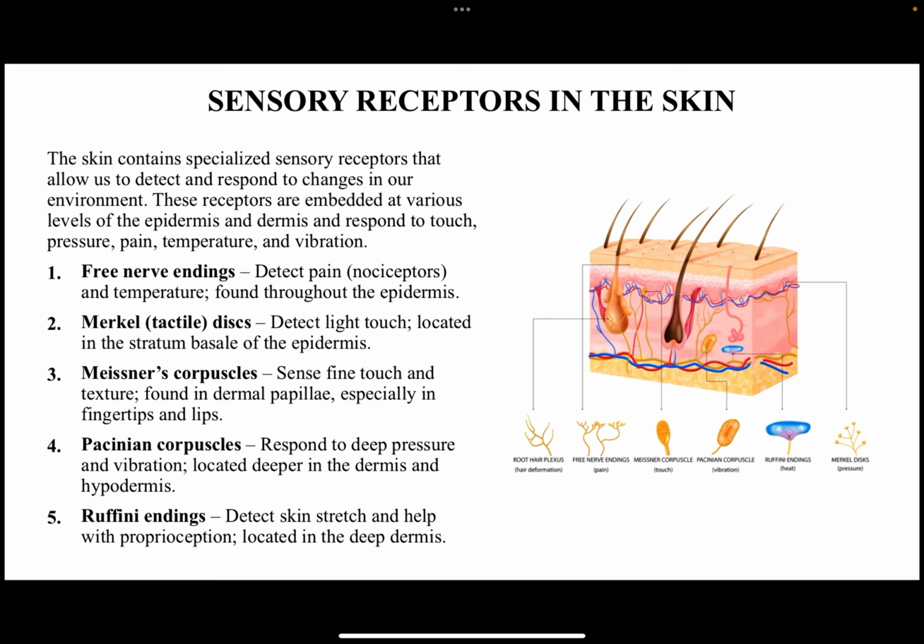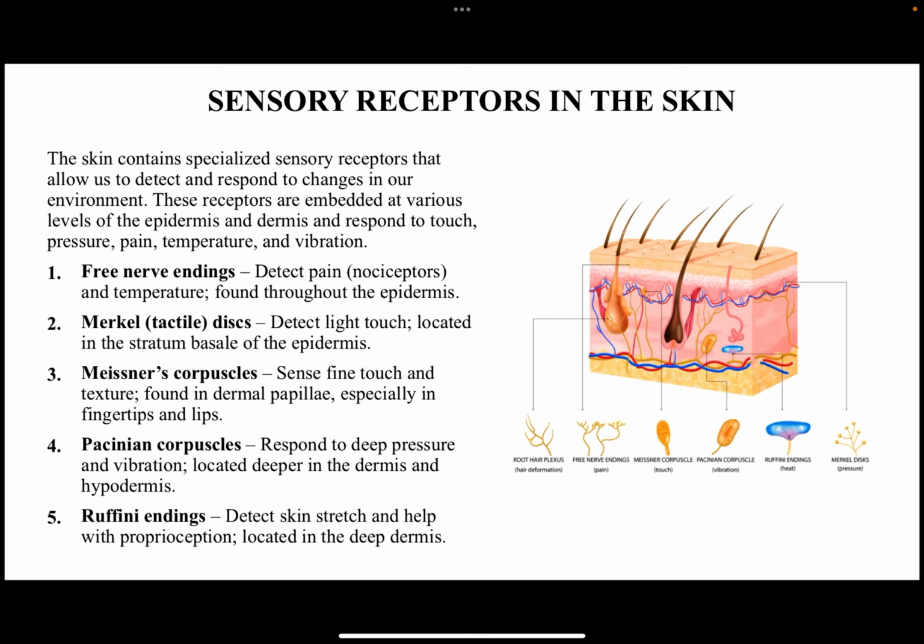On your immediate right, we have the Merkel disc or the tactile disc. They are located within the basal layer, the stratum basale of the epidermis, and they detect light touch.